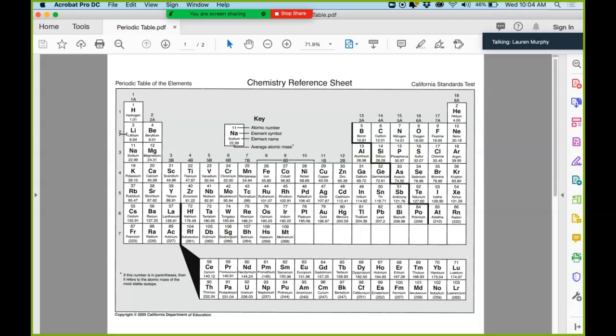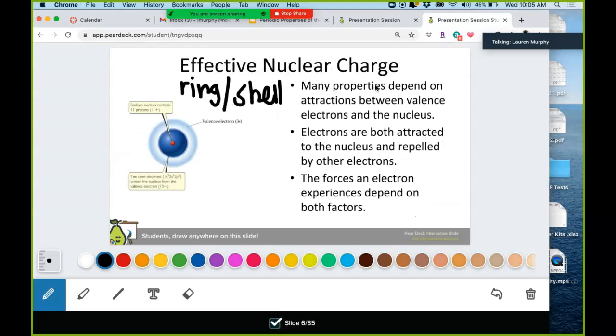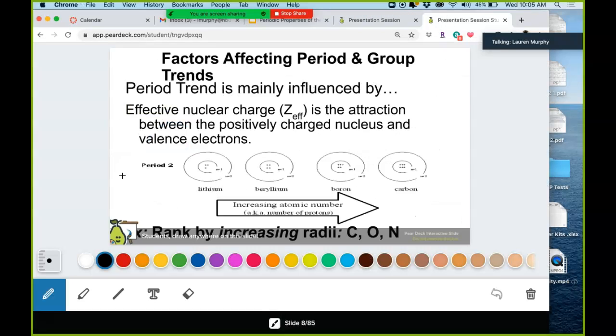They are on what's called the second energy level, or second row. This second row is often referred to as n, the principal quantum number, or energy level, equals 2 because they're in the second row, which means they have 2 rings of electrons or 2 shells. Lithium has 3 protons, beryllium has 4 protons, boron has 5 protons, carbon has 6.